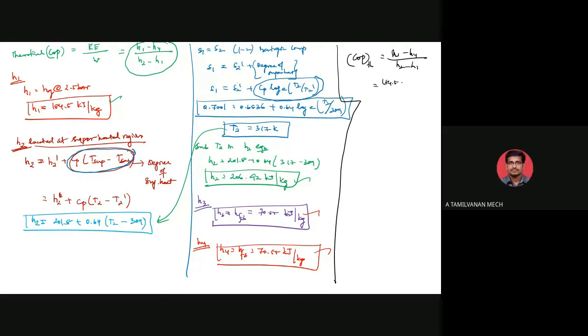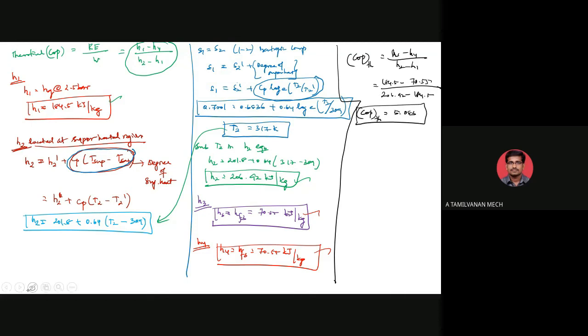So 184.5 minus 70.55 divided by H2, which you already found, 206.92 minus 184.5. From that you find the theoretical COP, which is 5.083.